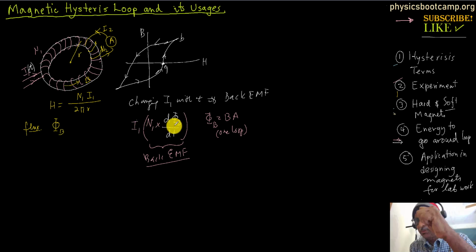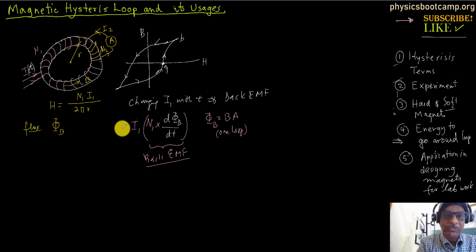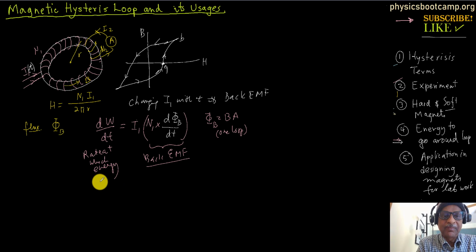It's trying to push through the back EMF, so I times V, right? And that will be the rate at which energy has to be supplied to this circuit.